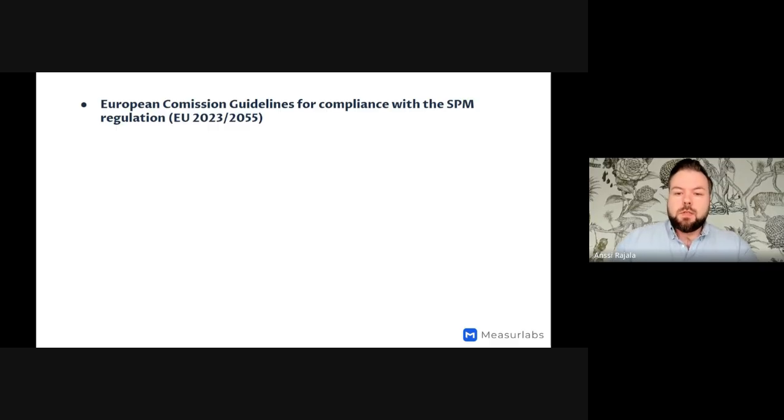So let's get back to the European Commission guidelines for compliance with the SPM regulation EU 2023/2055. In our view, the main approach to this regulation should be that the intent should be to prove that the products are not in the scope of the regulation.